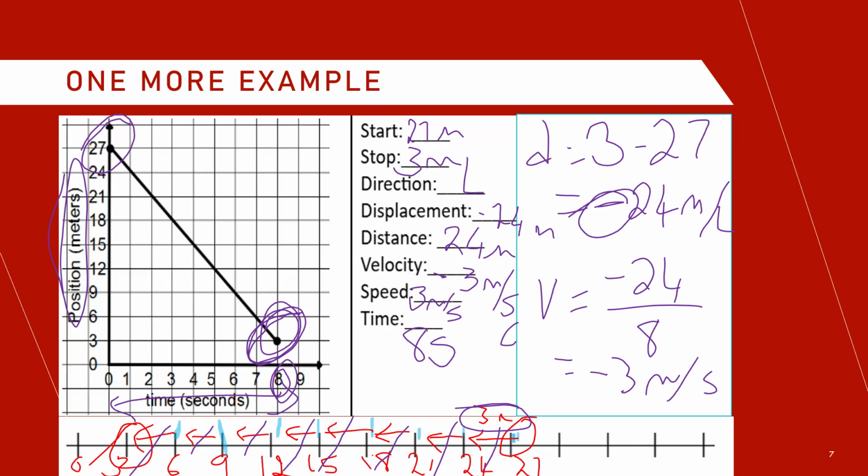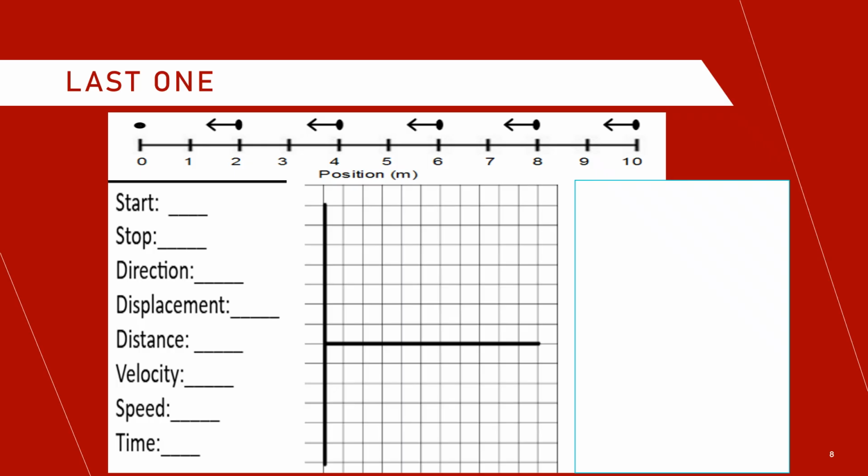Let's go ahead and review one more, but this one is going to be a motion map that is actually going backwards. We're going to quickly do this one. It's also another easy one. This is a position time graph, and it starts at 10. It ends at 0.